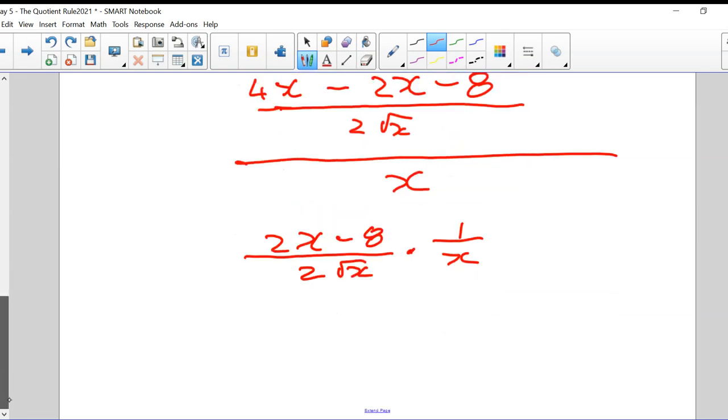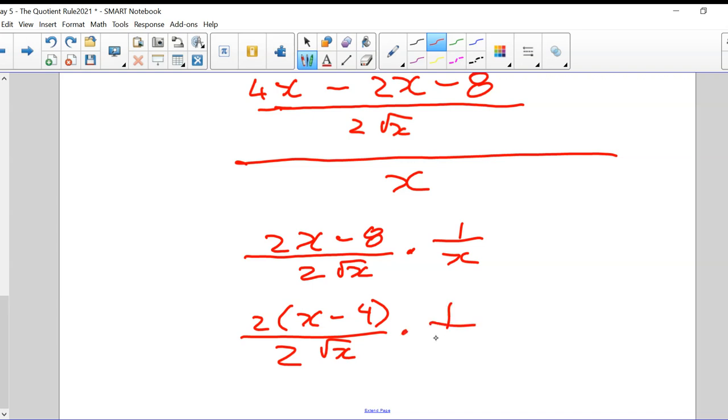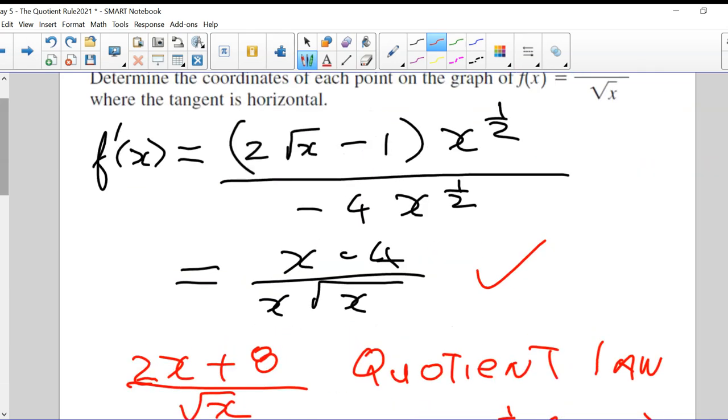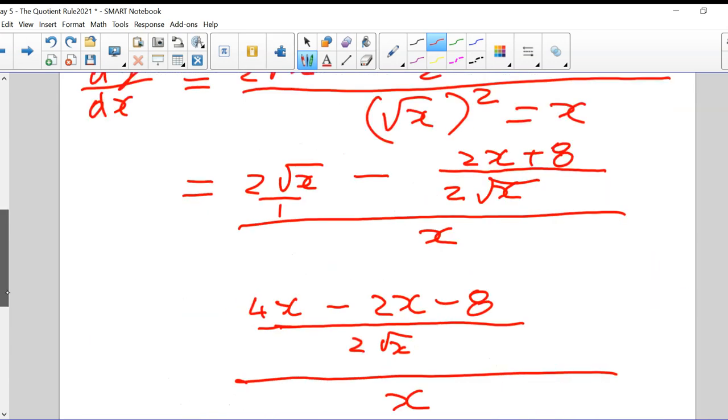The top of this can be factored into 2 times x minus 4, over 2 root x, times 1 over x. The 2's will cancel out. So what I'm left with is what somebody said earlier on, x minus 4 over x root x.